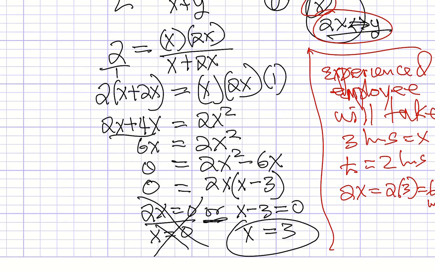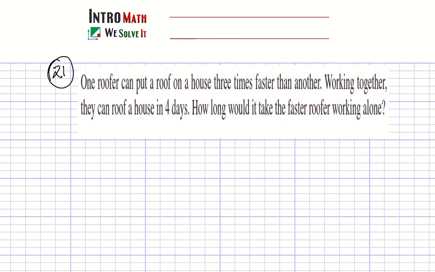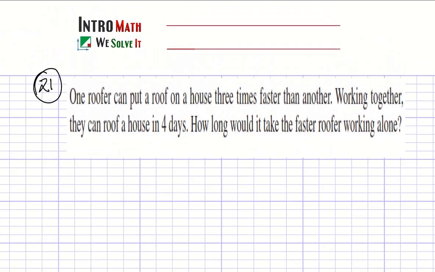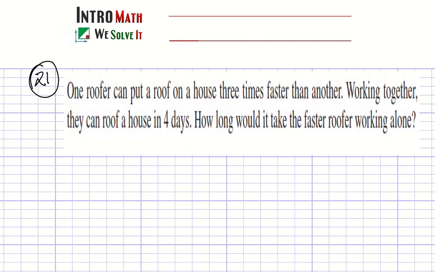We'll move on. Okay, let's look at this one. This is the last one I will do under this type of problem, okay? Notice there's a reason why this one is important. I need to use it to explain something to you. You remember the formula we've been using, T equals x times y over x plus y.